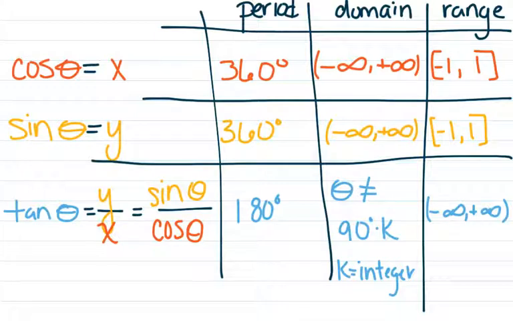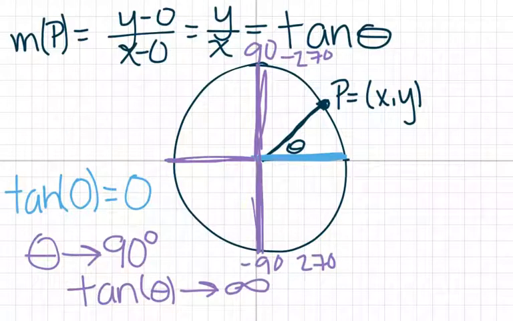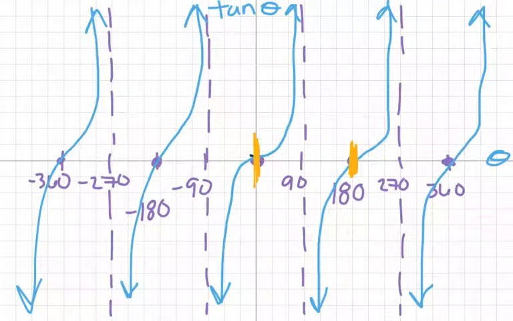And then the domain of our tangent function is everything except for theta when theta is an odd multiple of 90 degrees, because those are the asymptotes on our graph.